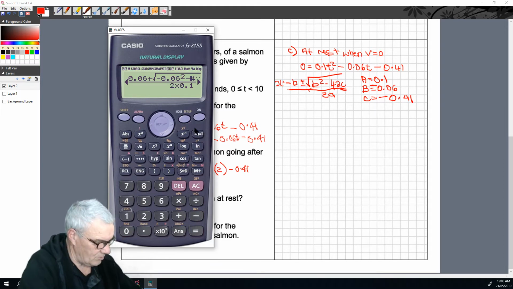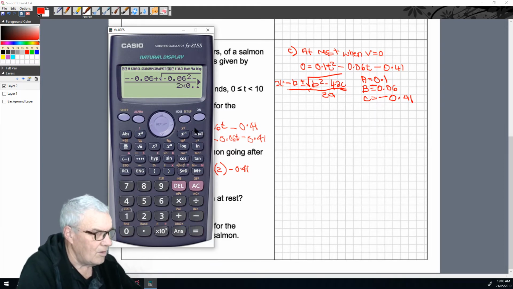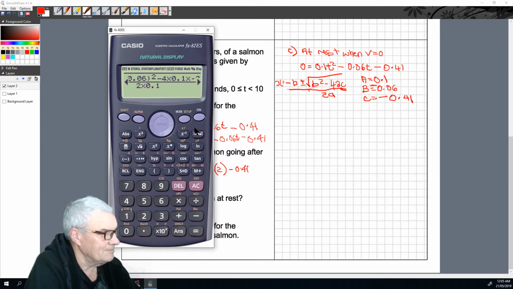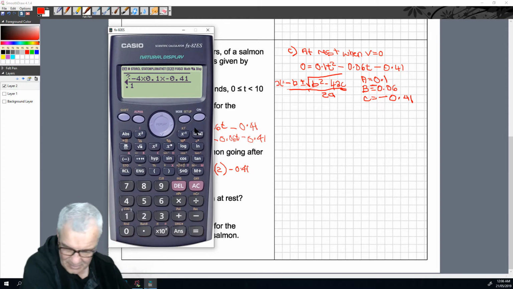It shouldn't be a problem, but I will put a bracket there just to make sure. Yep, okay, it's better. Minus 4 times 0.1 minus times C minus 0.41.